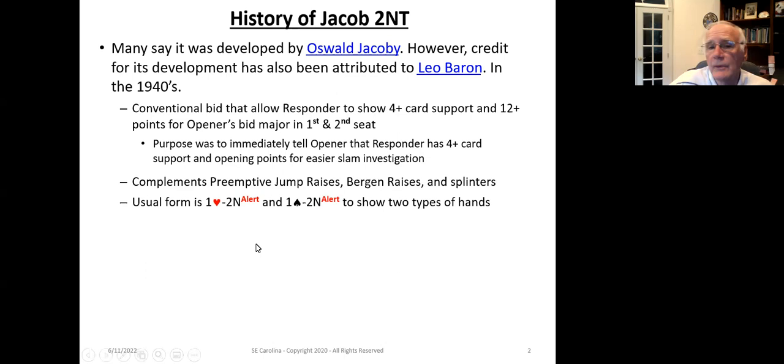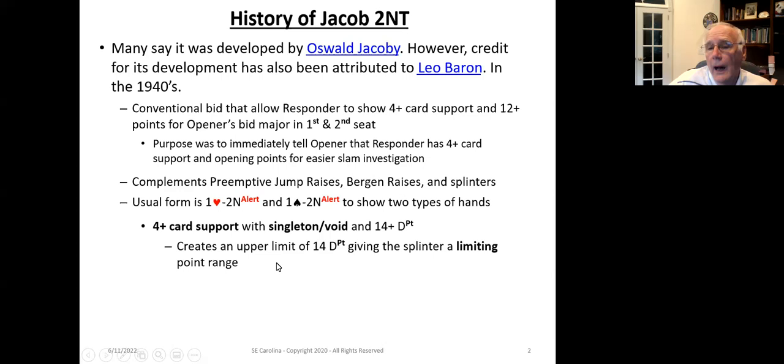And it showed two types of hands. One is 4-card support with a singleton or void and 14+ points, or 4+ card support with 12+ points. The first one sets the upper limit of the splinter. So the splinter bid really is 11 to 13, or maybe 11 to 14.